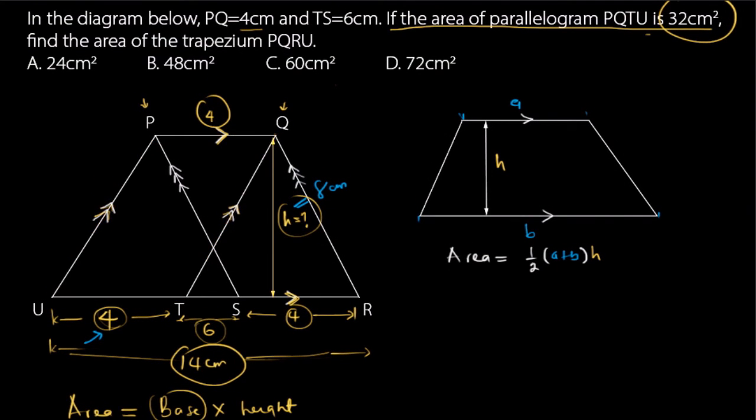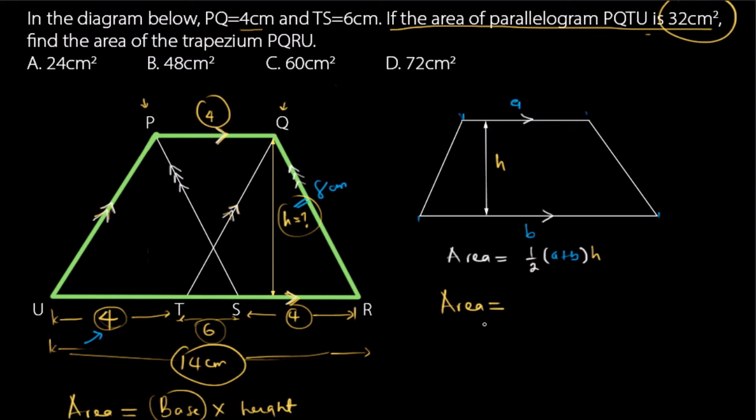So I can now go back and find the area of the trapezium PQRU. Using the formula, the area equals half times, so what is my A? My A is 4, plus, what is my B? My B is 14. And then our height.